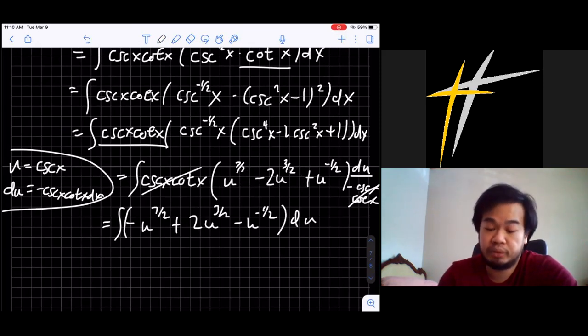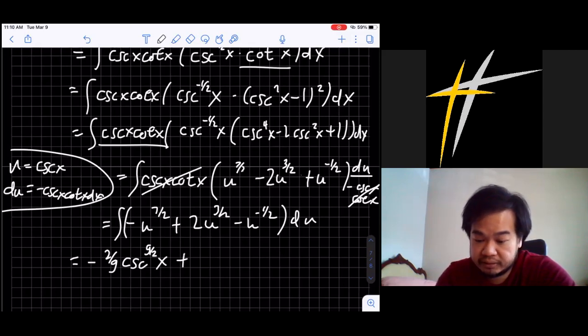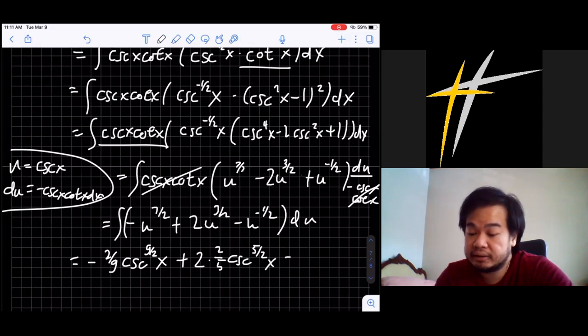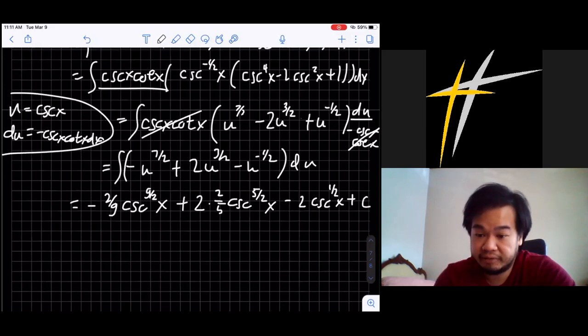Yeah, so if I put it back, it's equal to negative 2 over 9 cosecant power of 9 over 2 x plus 2 times 2 over 5 cosecant power 5 over 2 x minus 2 cosecant power of half x plus c. Yeah, and if I simplify, this will be 4 over 5.